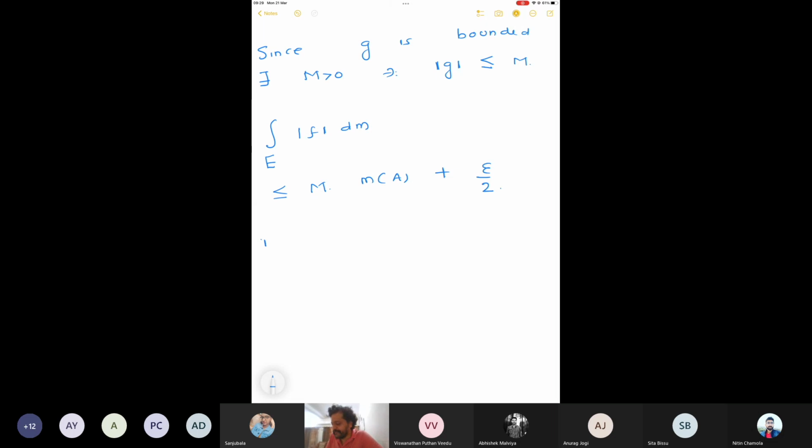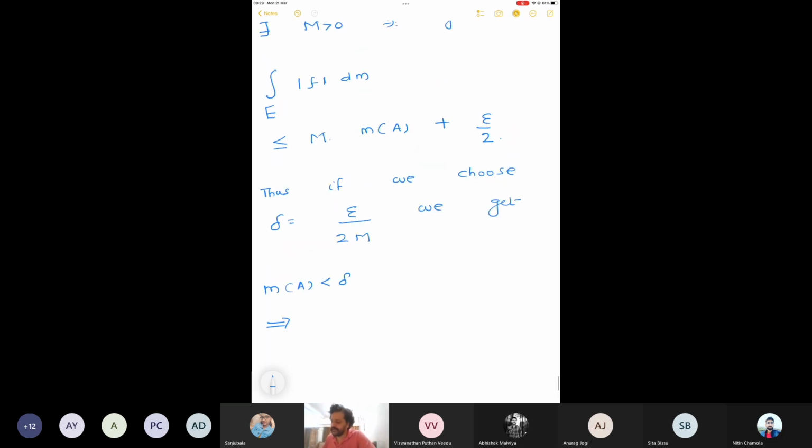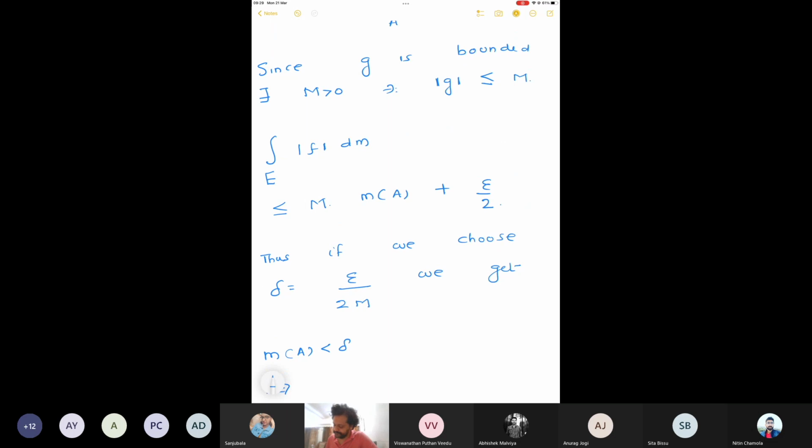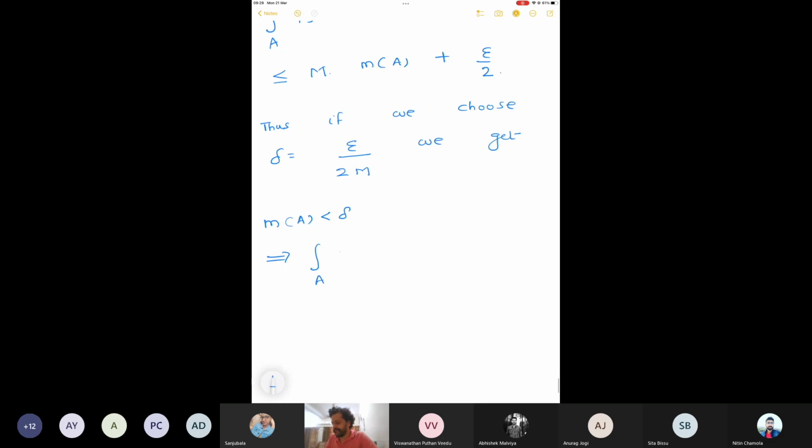If we choose delta equal to epsilon by 2M, we get: measure of A less than delta implies the integral over A of mod f dm is less than M times epsilon by 2M.